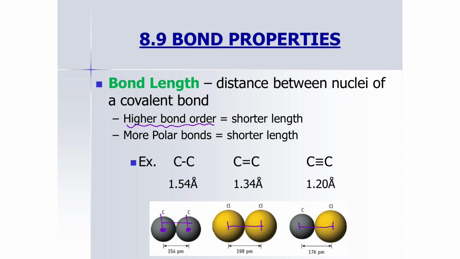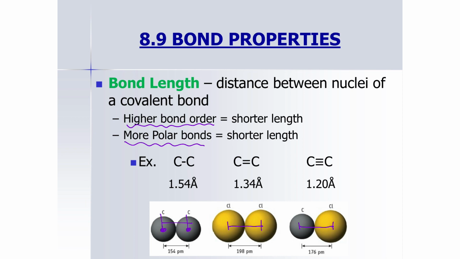Envision the extra bonds pulling those atoms closer together. We also see that the more polar the bond, the shorter the length as well, because a more polar bond means a bigger electronegativity difference between the two atoms involved, so a bigger positive-negative charge differential, which will also make those atoms pull closer together.